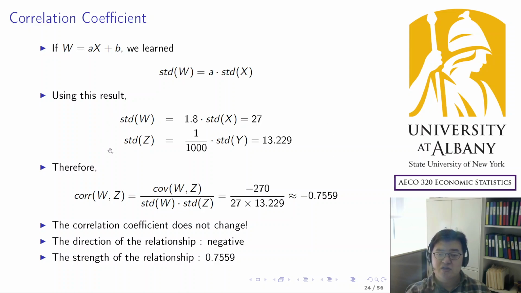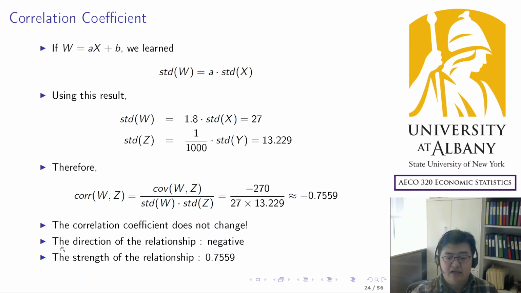Once you calculate the standard deviation, either from scratch or using this formula, you should get these numbers. And then the correlation coefficient is the covariance standardized by these two standard deviations. No difference, as it should be, right? There should be no difference.